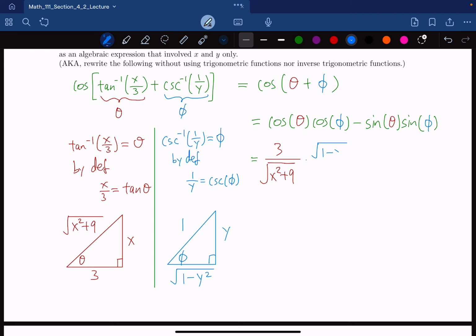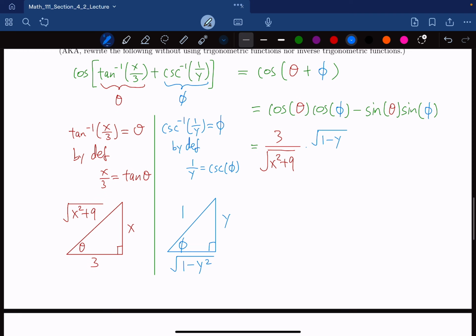So radical 1 minus y squared over 1. Now subtract. Sine of theta uses the triangle on the left again. So opposite over hypotenuse: x over radical x squared plus 9. And sine of phi uses the triangle on the right. Opposite over hypotenuse, which is y over 1.